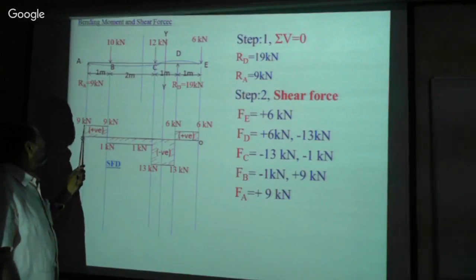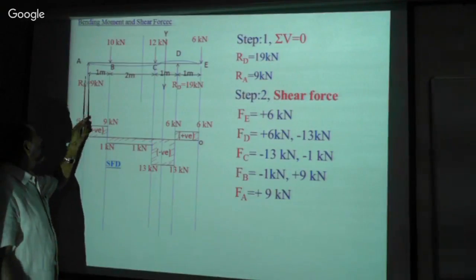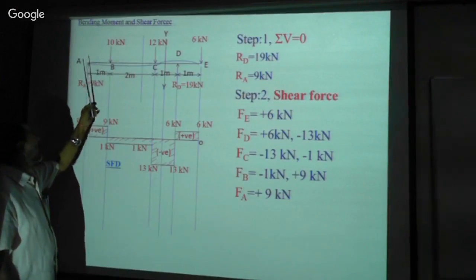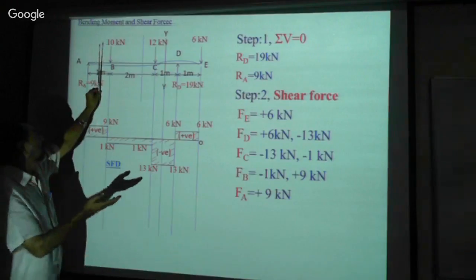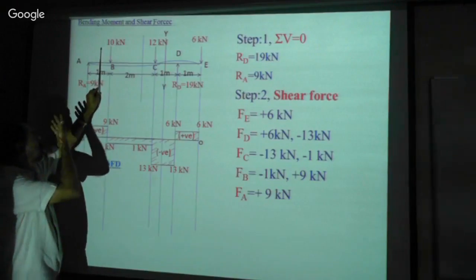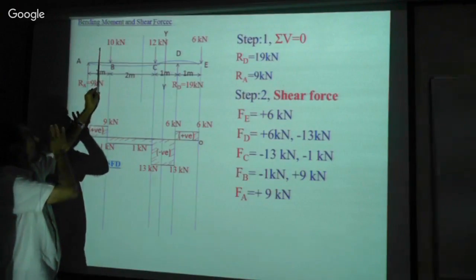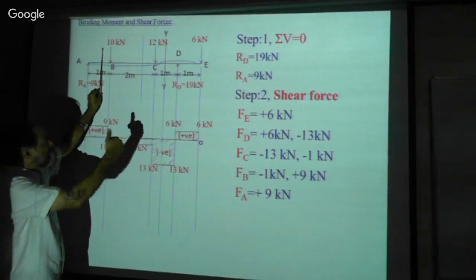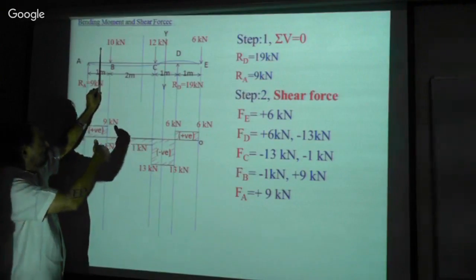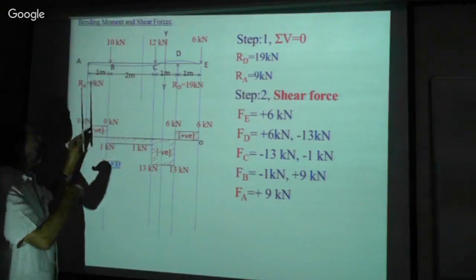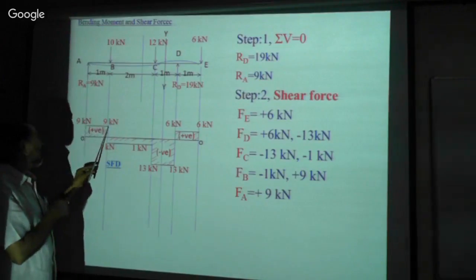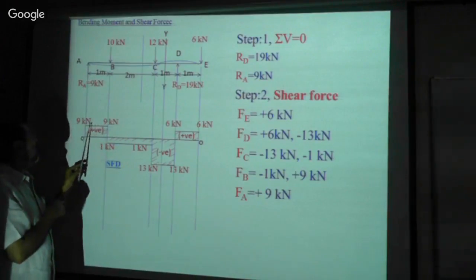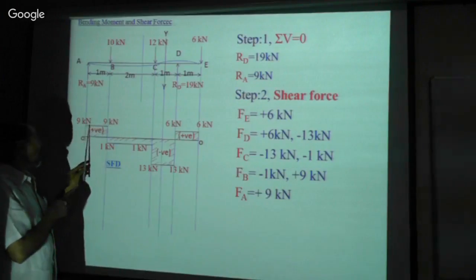From here to here, according to the definition, calculate the left hand side. 9 kN is upward, which is a positive shear force. If we consider the right hand side, we will get 9 kN downward. Therefore, between this and this, wherever you calculate, you will get 9 kN. Therefore, you continue this line.